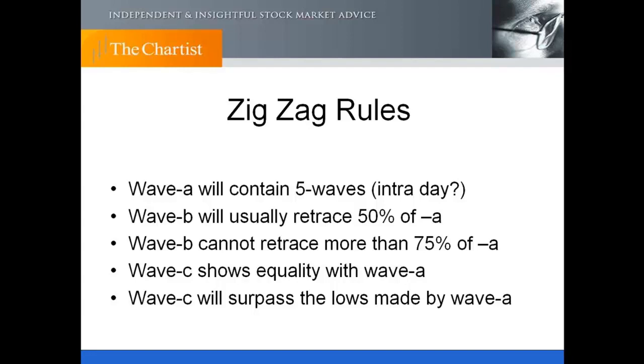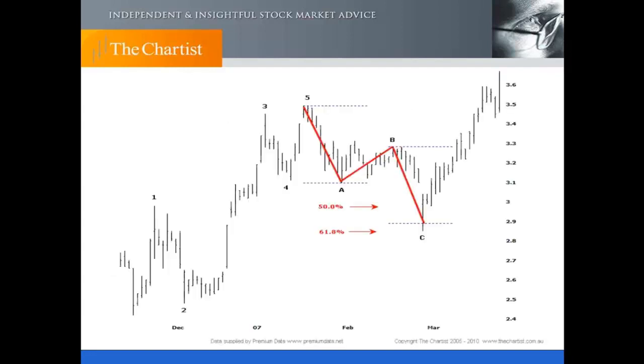It may not be 3 waves on an end of day chart. It will probably be 3 waves on an intraday chart. Wave C tends to be the same length as wave A, and wave C will always surpass the lows made by wave A.